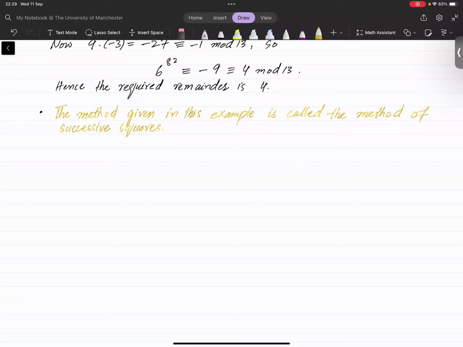Okay. Now, to work out the congruence modulo m of a power x power k for some integer x, express k as a sum of powers of 2. You might have met this before as writing k in base 2 or some such phrases. So let's define this strategy.